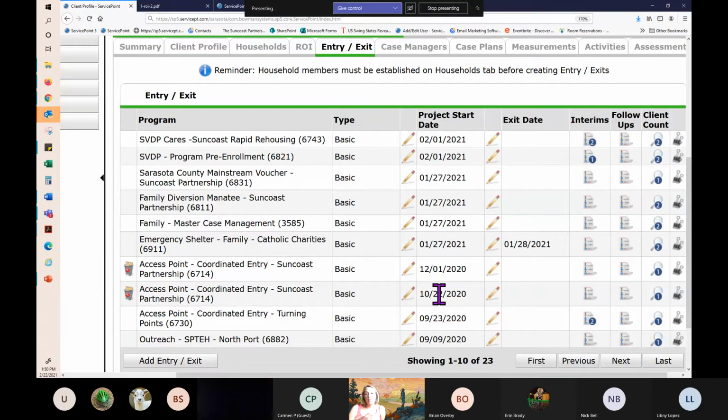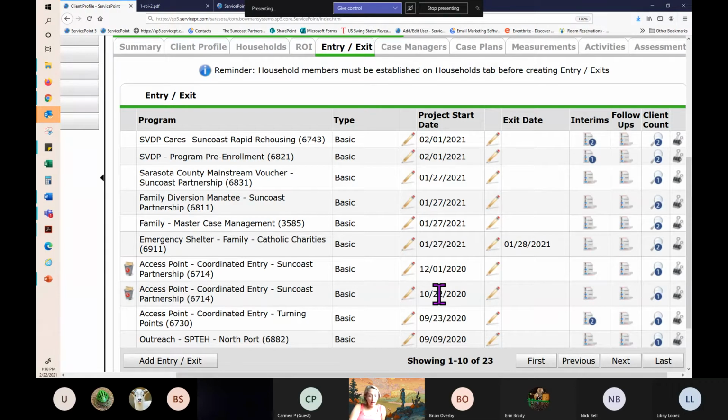There are times with clients where maybe their access point is from 2018 and you see that, but maybe the client had self-resolved at one point, or maybe they moved out of county, they were jailed, whatever the case may be. Looking at the client's CSIS record will help you determine whether we should move forward with this intake or not.